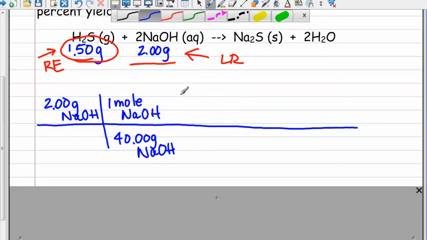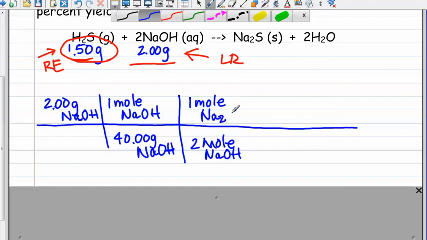Now my next step is going to be to use the mole to mole ratio to compare my sodium hydroxide to my sodium sulfide. And finally, I need to convert my moles of sodium sulfide into grams of sodium sulfide using the molar mass.